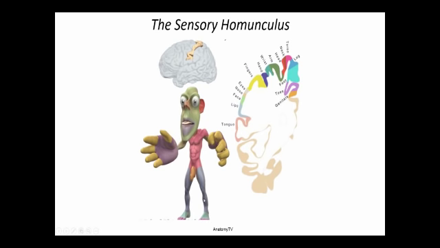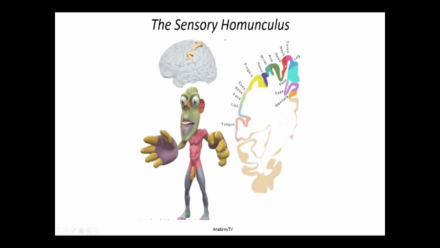And that tells us that there is not much cortical tissue dedicated to sensitivity in these areas. But that's actually okay, because we don't need as much fine control of these parts of our body, or we don't need to use the skin in those parts of our body to explore our environment in detail. So we don't need as much sensory acuity in those areas.